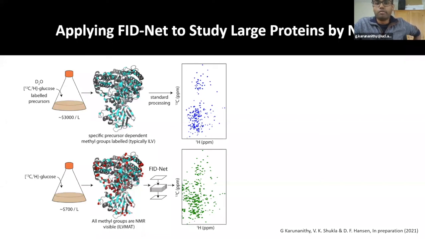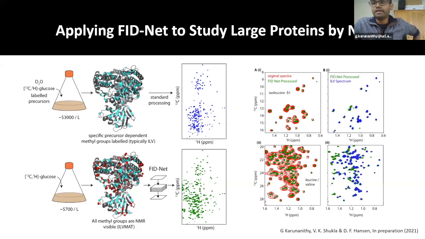Whereas if you wanted to do this with the traditional scheme, you'd have to introduce those specific reagents to make that happen. And if we start comparing this to ILV style spectra, you can see you can get similar kinds of line widths. So this is the point I want to make: this isn't introducing anything that isn't there anyway. It's just a way of making this information accessible to an end user.